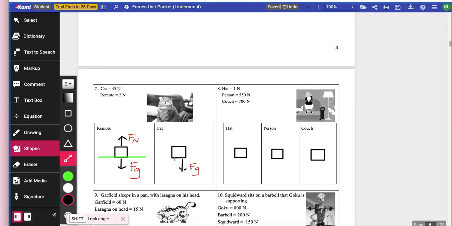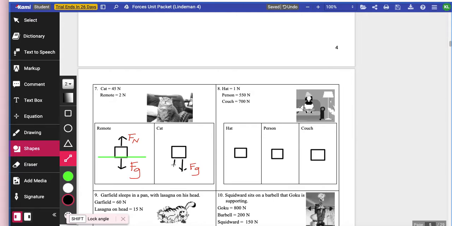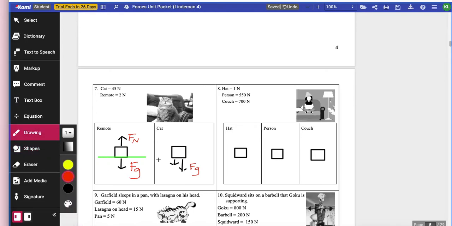So that means that we need to draw a push force. And we actually have numbers, so we can fill in all of these numbers.